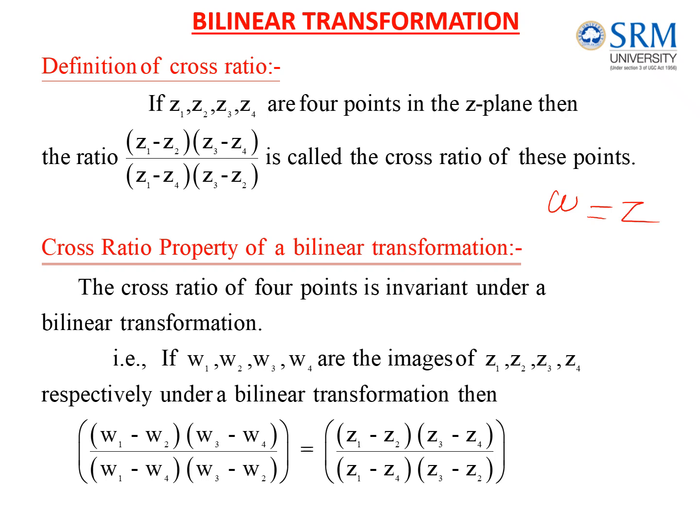So we get a result from this property: the left hand side cross ratio is written in terms of W, and the right hand side cross ratio is written in terms of Z. This property is otherwise called the 4-point formula of bilinear transformation. If the 4 points and their images are given, we can apply this to find the bilinear transformation.